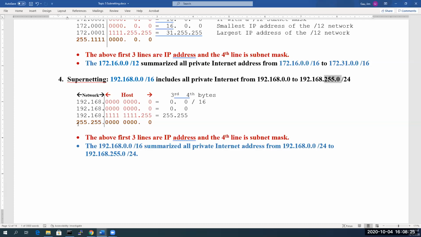So when you see a /16, you can quickly see that the first 2 bytes are the network, and the third and fourth bytes are the host. That means it's one network that combines everything from 0 to 255. So this is the most straightforward supernetting here.